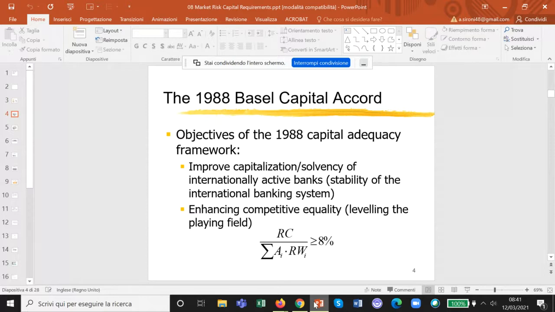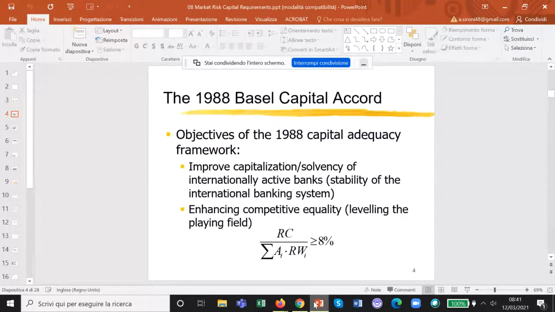So basically, it's the sum of each individual asset i, each one of them multiplied by a risk weight, okay? Now, this risk-weighted asset ratio is a proposal that was put forward in 1988, agreed by the Basel Committee, and became effective in most countries of the world by 1992, okay?